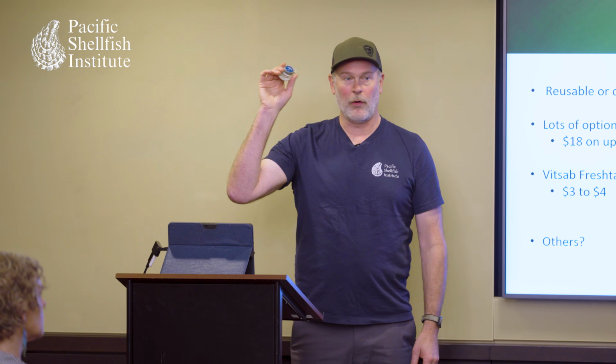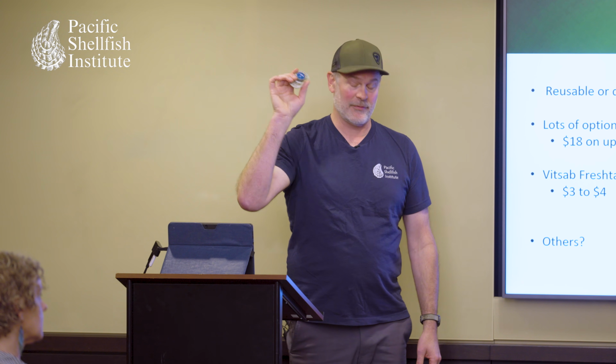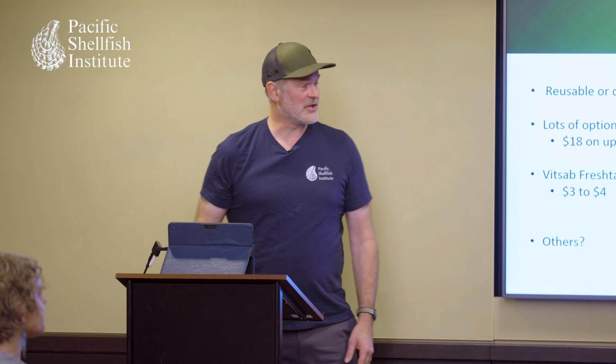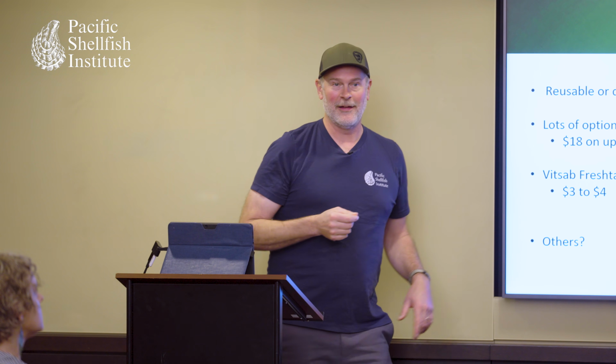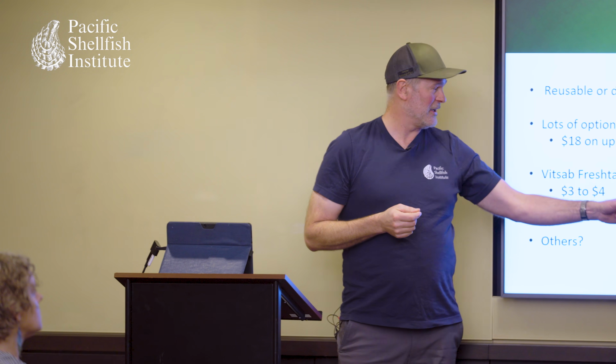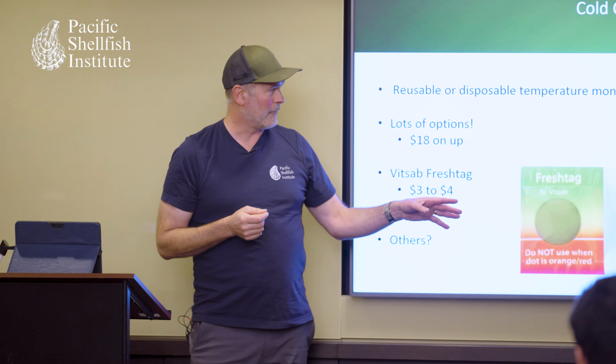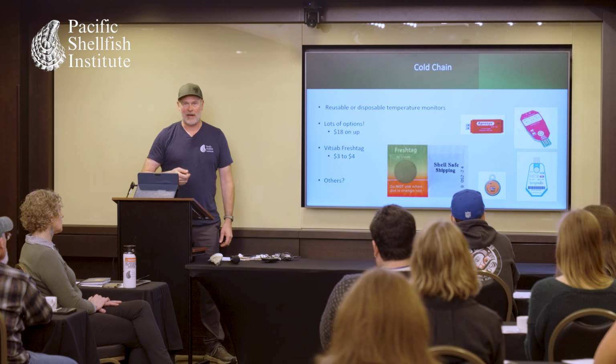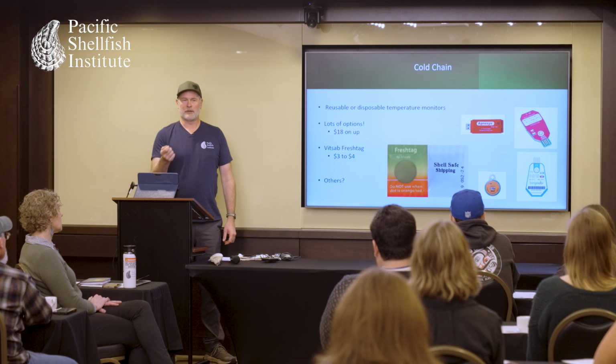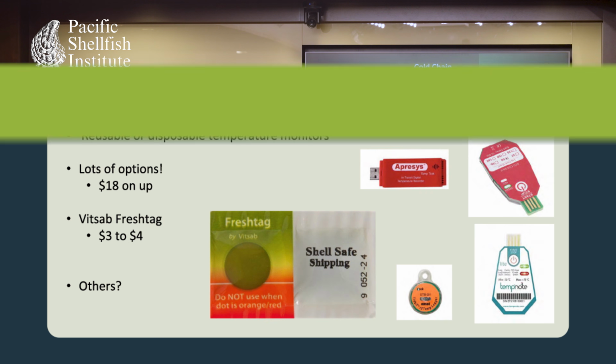You can put them in your shipment. Hopefully you'll get them back, a little more expensive. There's some cheaper versions out there that you can just look at on eBay. They're all pretty cheap, about 18 bucks and up. They're semi-disposable. And then you get that data back, plug it into your computer, look at the graph and the time, and see where that temperature abuse occurred, if it did occur.